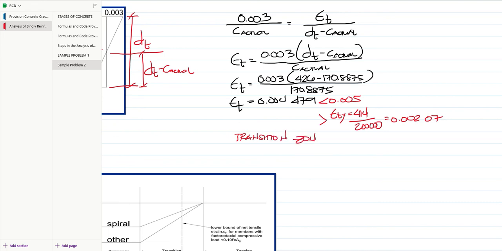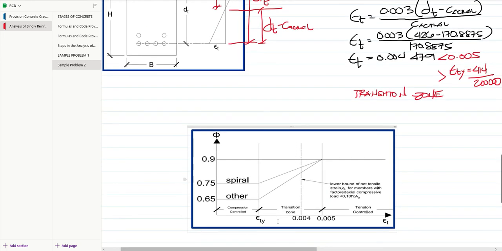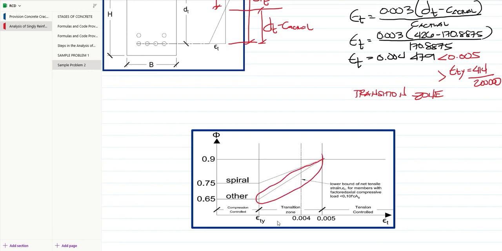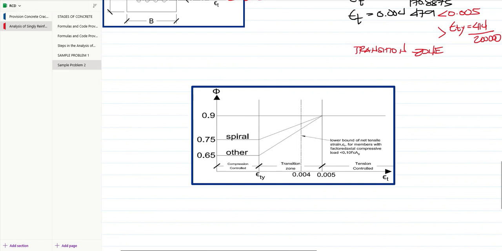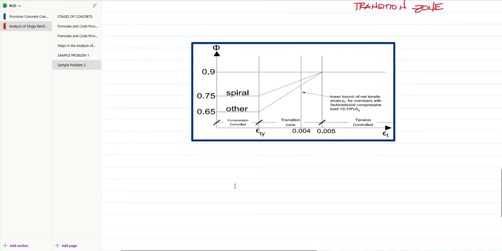So, syempre, pag kukuha tayo ngayon ng reduction factor, nandito tayo sa line na to. So, that means kukunin pa rin natin yung equation of a line.